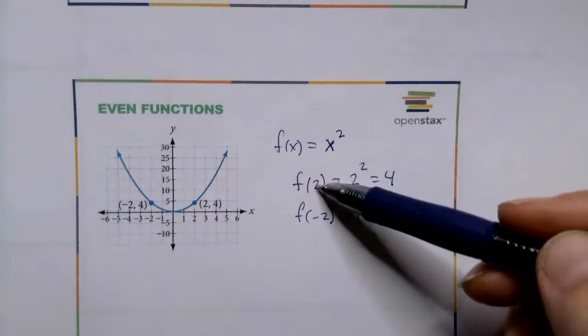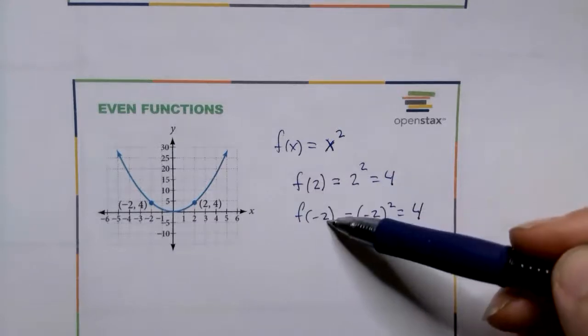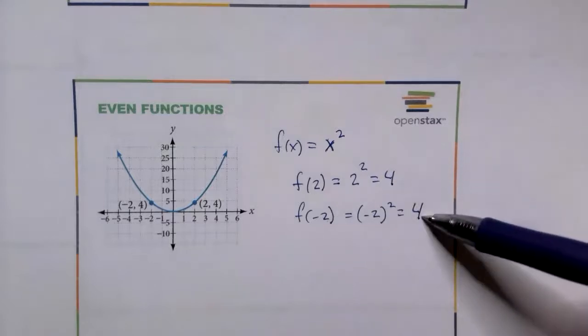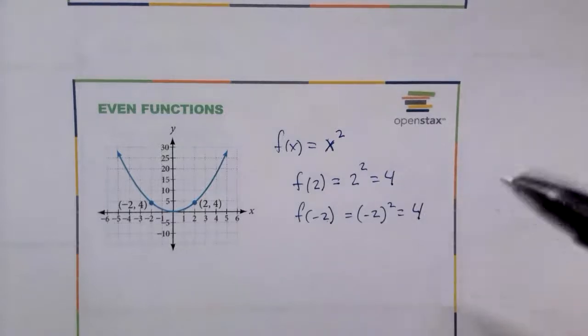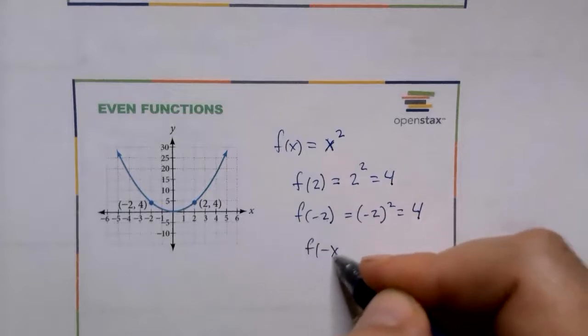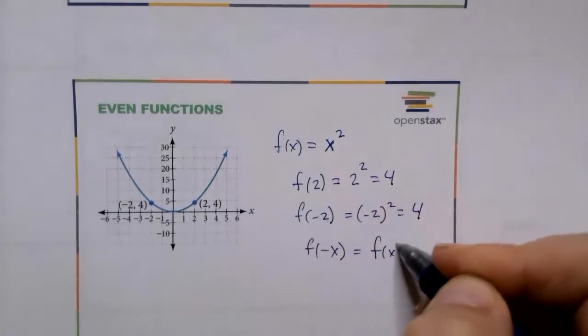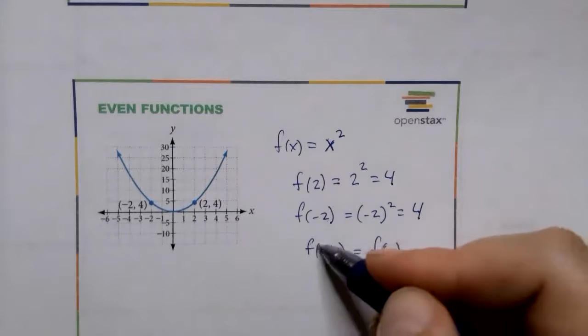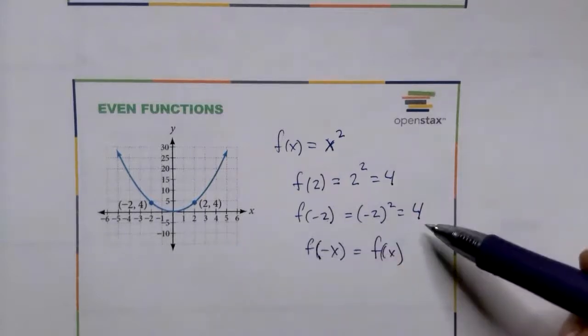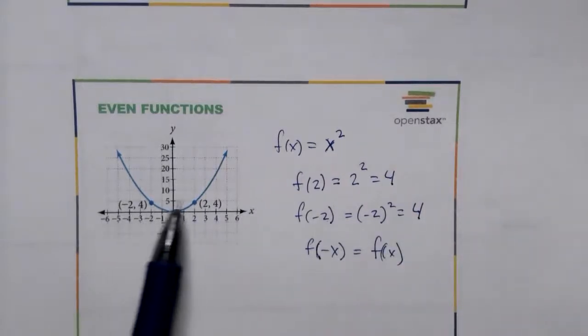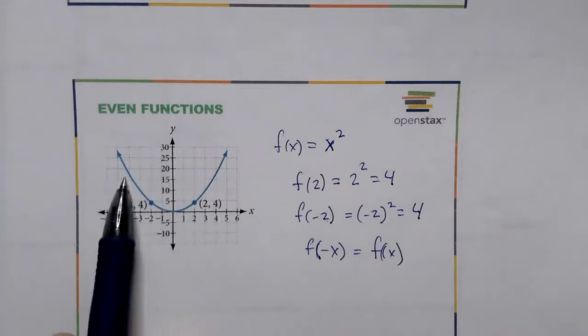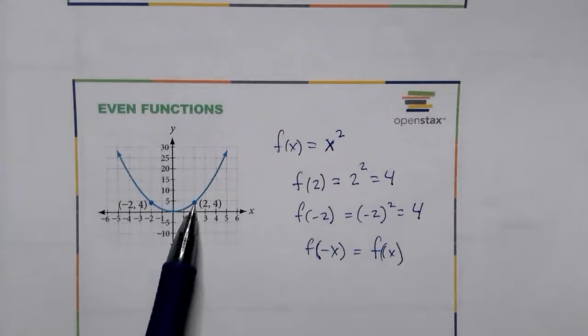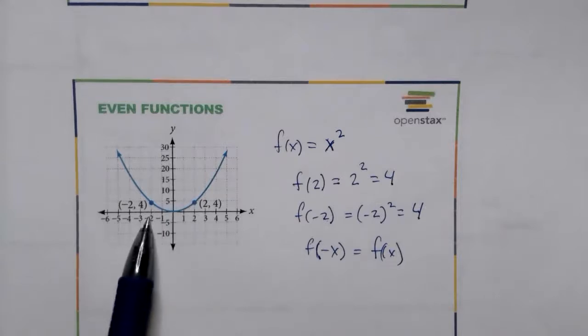So if you put in a positive input or negative input of the same absolute value, the output will be the same. So your f of negative x is the same as f of x. No difference. Because of this property, these functions are symmetric on both sides of the y-axis, because your positive 2 gives you the output of 4 and your negative 2 gives you the output of 4.